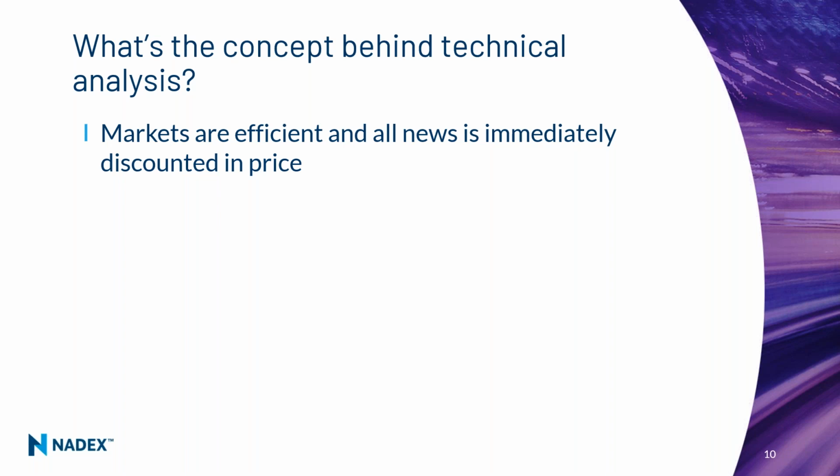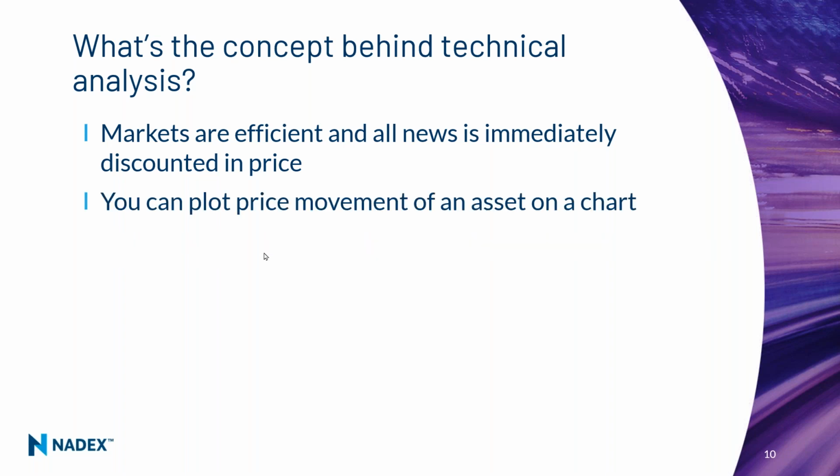So if it's really good news and it's going to be accretive for a company, you'd see the stock price go up, and the price would move based upon that news. But then once the news is out, the news is the news, and markets are efficient. They are digesting and assimilating all of that information, so stocks are fairly priced at that moment in time.